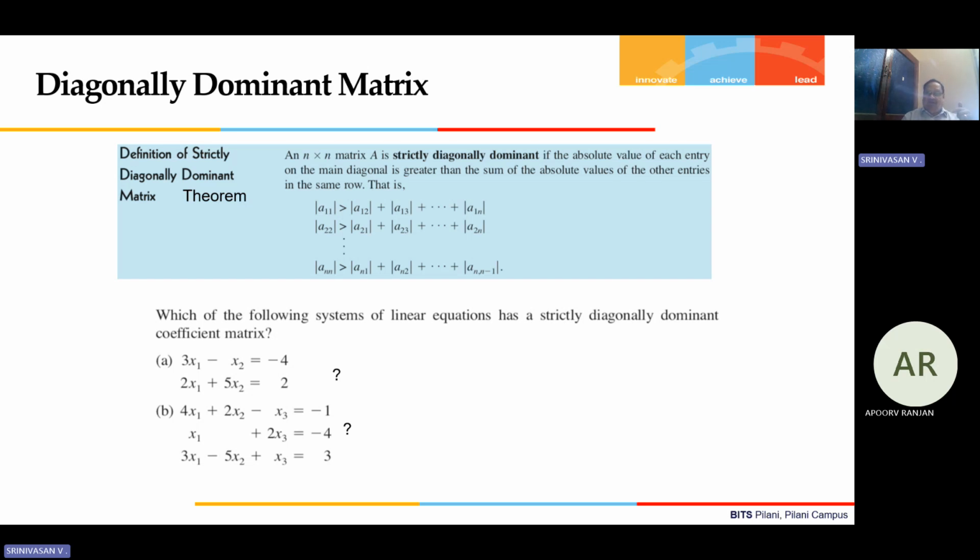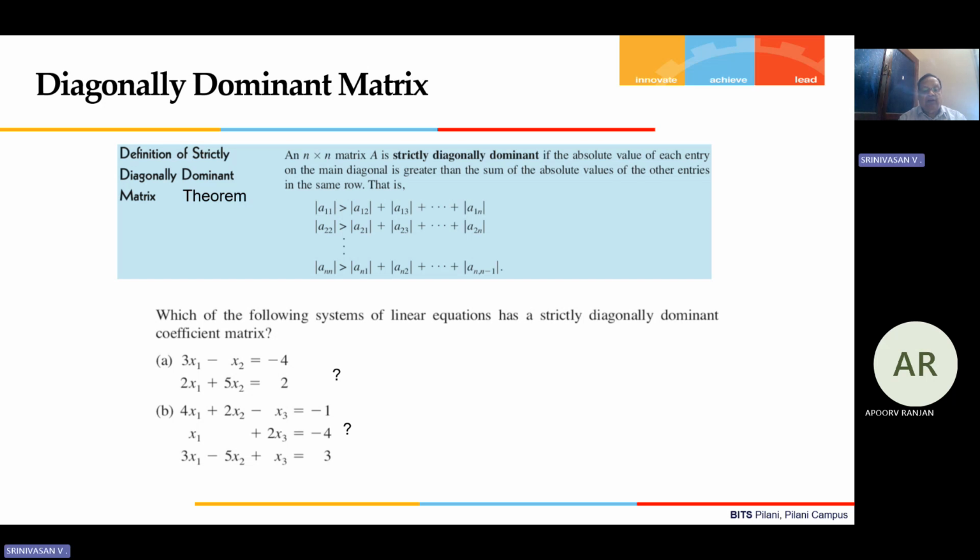Fine. Coming to the second one, 0. So the coefficient matrix here, for the second problem, you have 4, 2, minus 1, 1. There is no x term, so 0 is the coefficient. And 2.